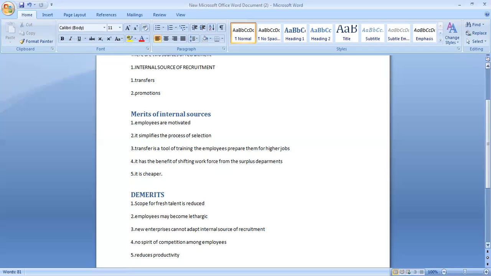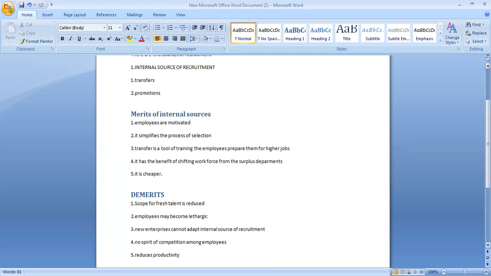Here, you recruit your own candidates, so the procedure gets simplified. There is no need to follow a lot of procedures or take that much risk, and the workload also gets reduced when you recruit candidates within the organization itself.